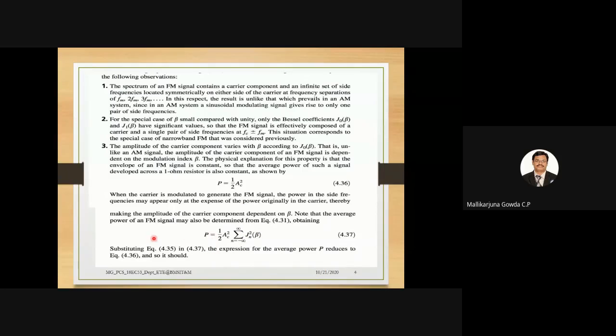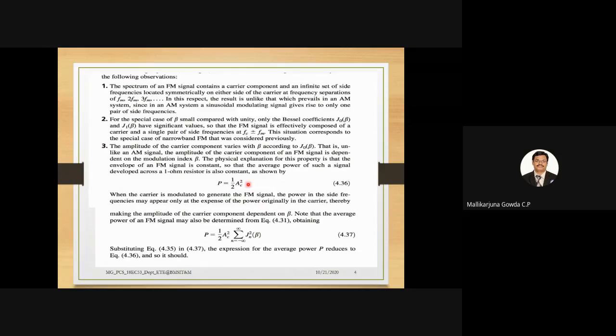For the FM signal, we say 1 by 2 A square C summation n equal to minus infinity to infinity J square n of beta. And we have approximated this summation n equal to minus infinity to infinity J square n of beta as equal to 1, right? With that, we say the power of the frequency modulated signal is the same as that of the unmodulated carrier signal.